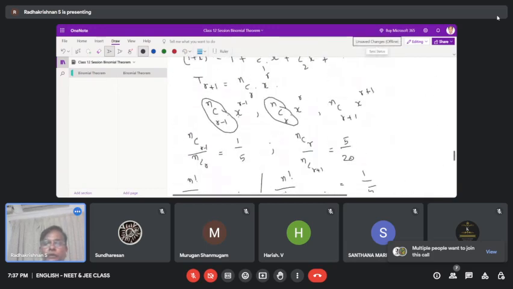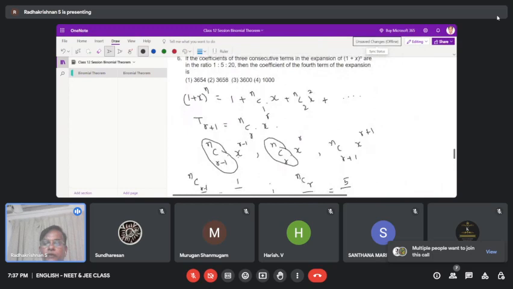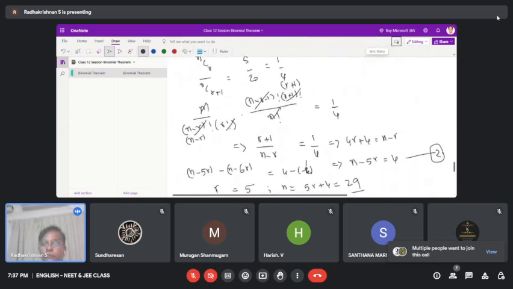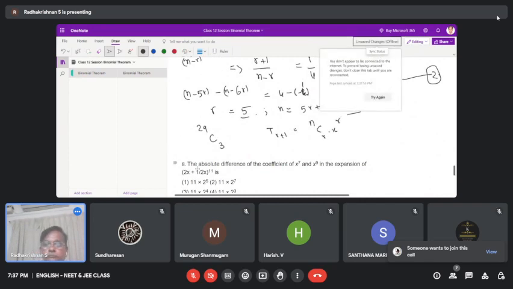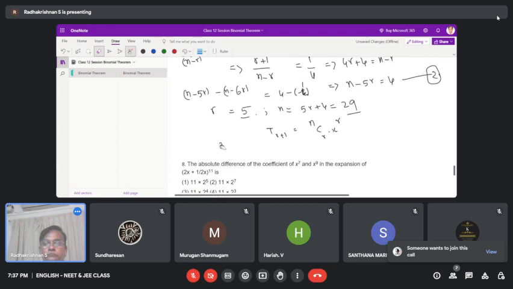We've written it down, right? nCr x^r. Since we got r equal to 5, that means T6 is what we need.